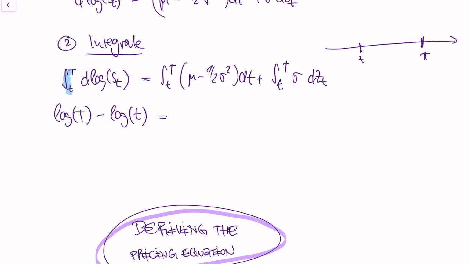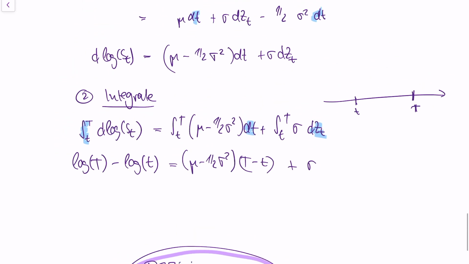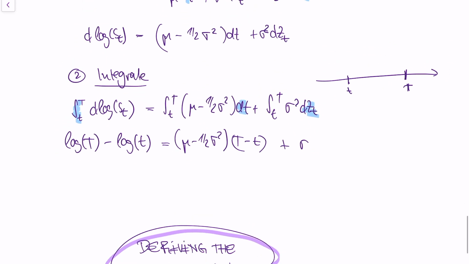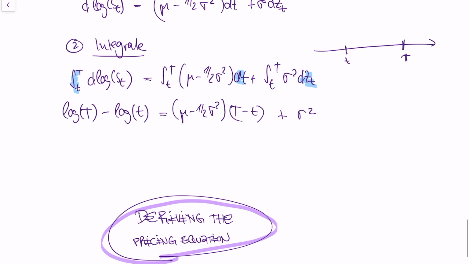For the second integral, I just get a change in time, and the change in time is equal to large T minus small t, and the terms before survive. And for the third integral, I just get a change in the Brownian motion. So I get sigma, and I actually forgot a square here. Sorry about that. Sigma squared times Z_T minus Z_t.